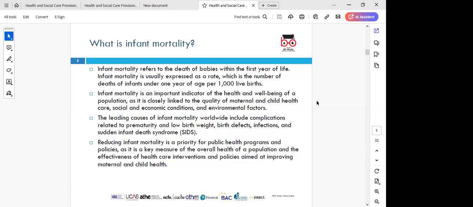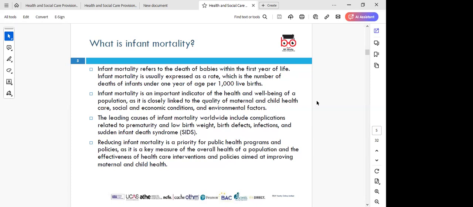Okay, infant mortality is an important indicator of the health and well-being of a population, as it is closely linked to the quality of maternal and child health care, social and economic conditions, and environmental factors.